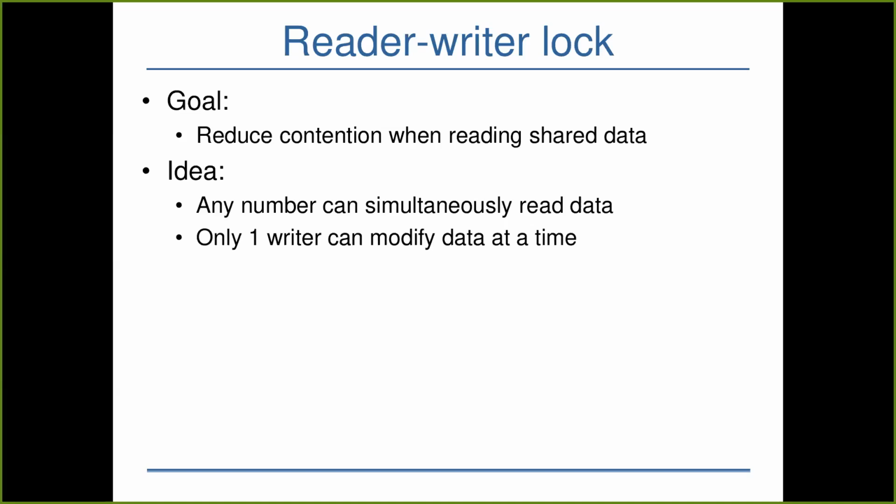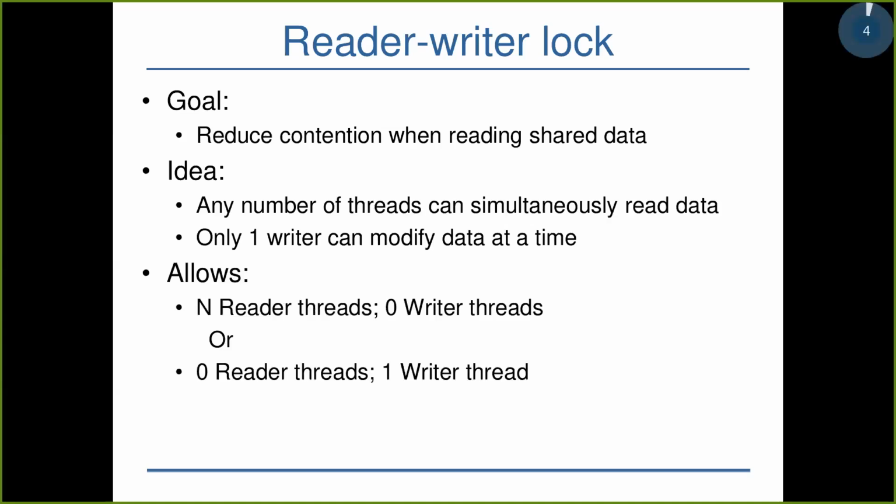Other writers have to wait. So basically, it allows n reader threads and 0 writer threads, or 0 reader threads and 1 writer thread. That is the idea of a reader-writer lock.